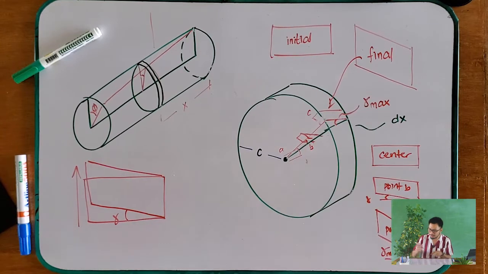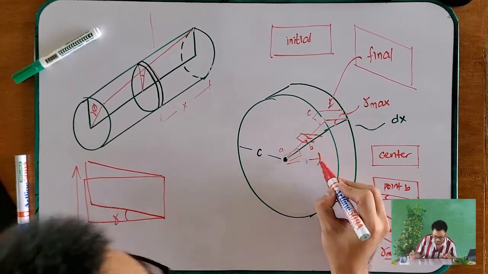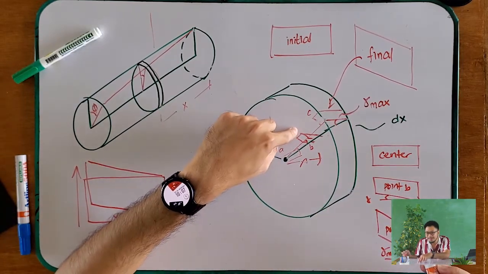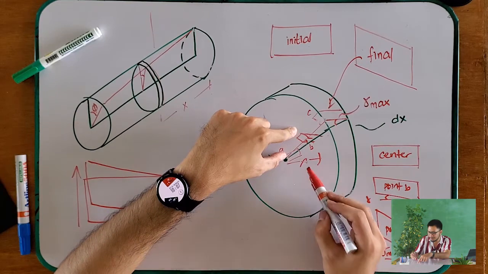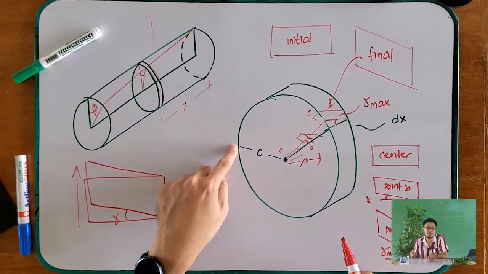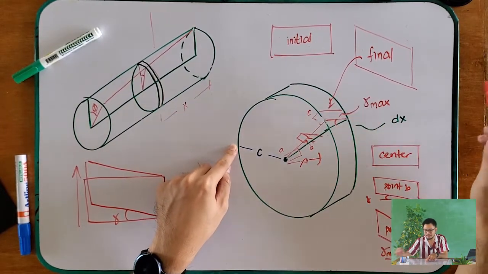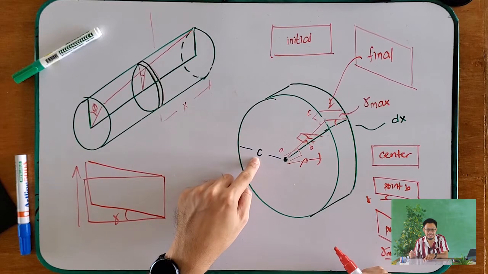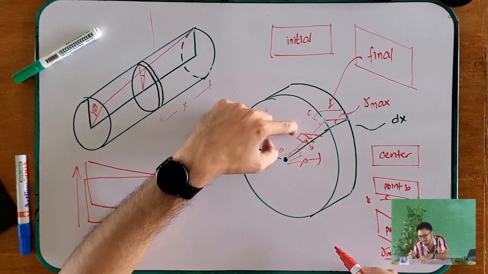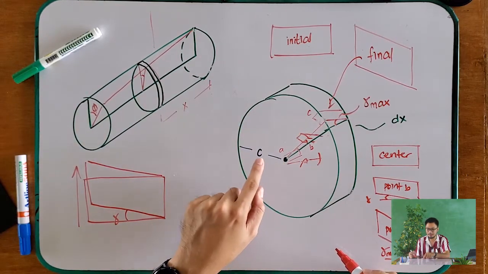Okay? And that point B, let's say it is at a distance of rho. So the distance of our element B toward the middle is rho. On the other hand, the distance of the outermost part of this plate toward the middle is C. So rho is the distance from our element at a certain distance from the center.